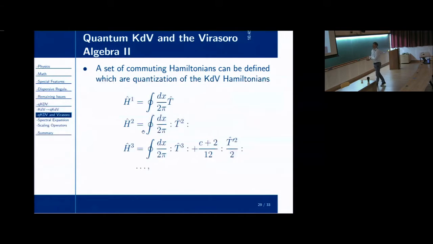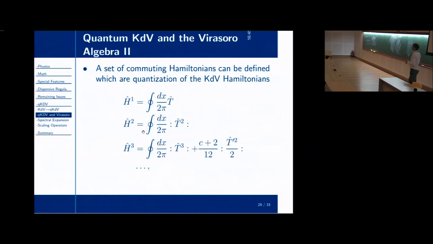So we are able to find an infinite set of commuting Hamiltonians in the quantum case, which quantize the commuting Hamiltonians of the KdV case. And so in this sense, we have quantum KdV as a quantization of classical KdV, or conformal field theory as a quantization of classical KdV.